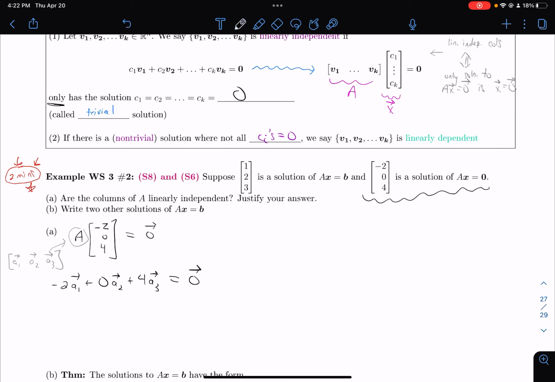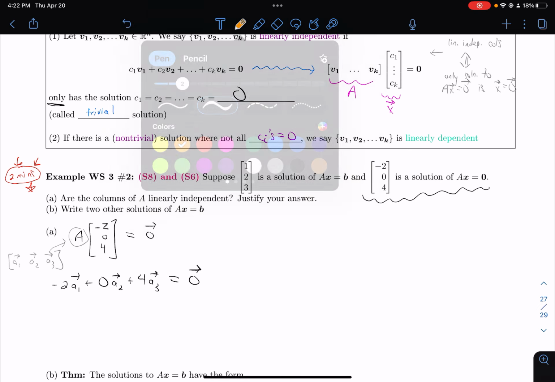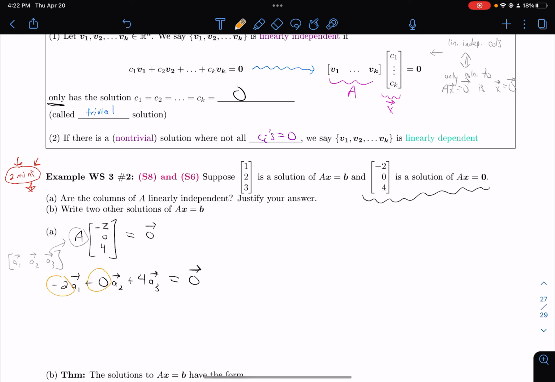If I refer back to my definition for linear independence, I have a linear combination of these A vectors. It equals 0, and these weights are not all 0.